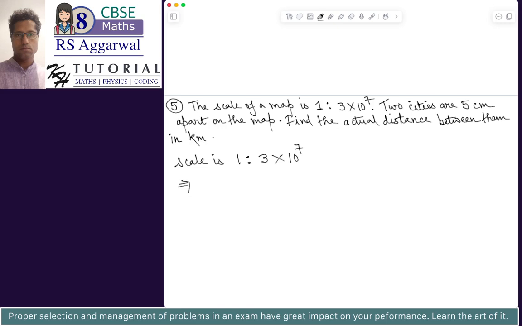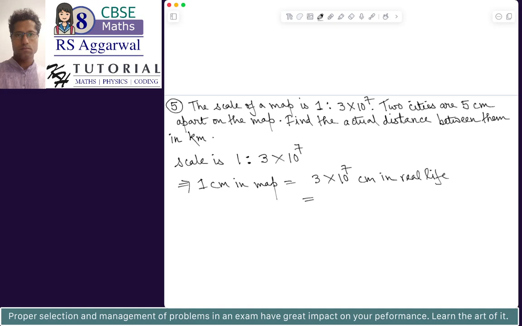So if we consider the distances in real life in kilometers and the distances between two cities in the map in centimeters, the scale 1 is to 3 multiplied by 10 to the power 7 means that 1 centimeter in map is equal to 3 multiplied by 10 to the power 7 centimeter in real life.